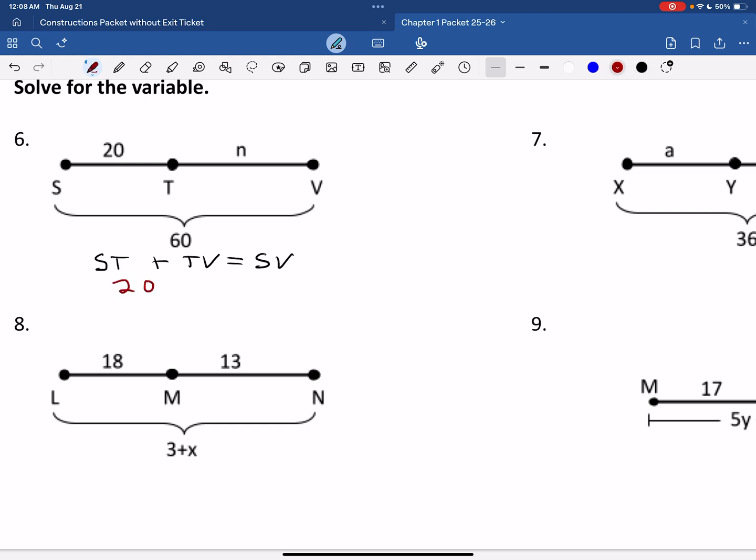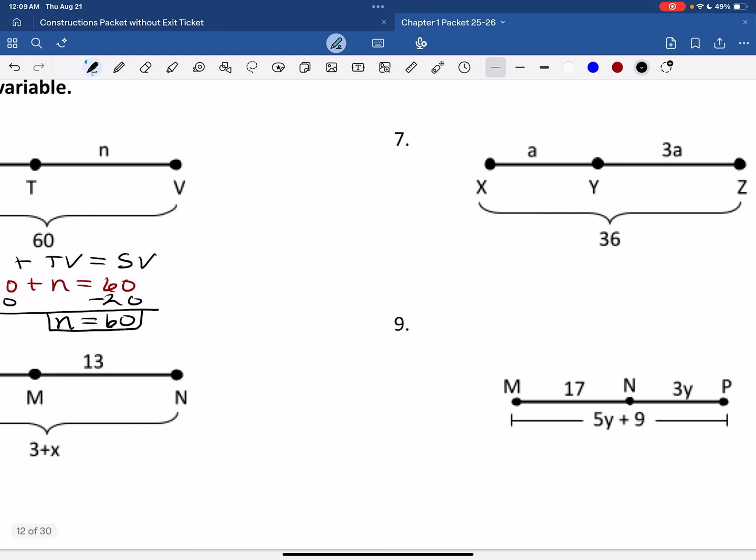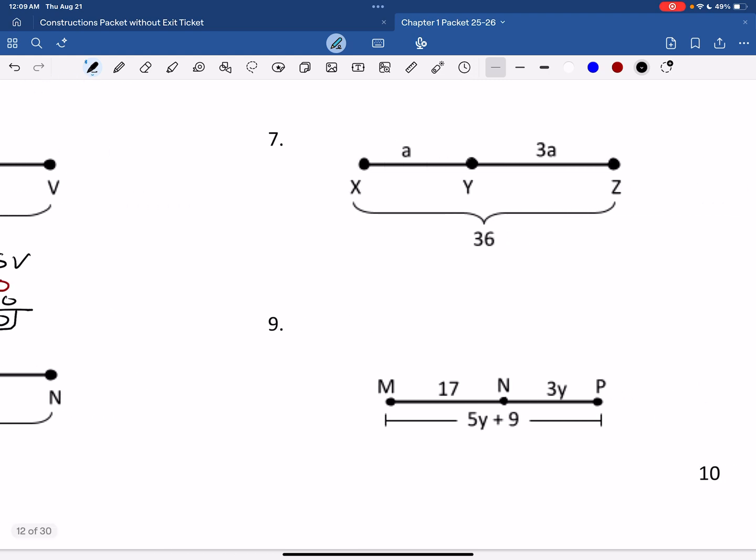ST is 20 plus N equals 60. So now we're going to subtract 20 from both sides. So I know that N is equal to 60. Okay. So what I want you to do is pause the video, and go over and try to do number 7.